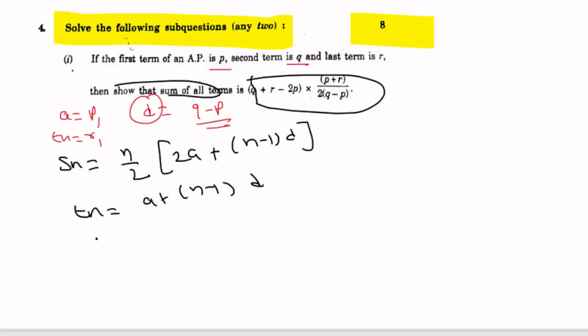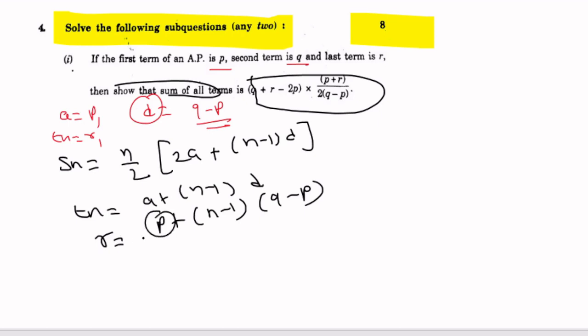So Tn is given, which is r, a is given, which is p, n is not given, and d is given, which is q minus p. Using this combination, you have to find the value of n. Simply solve it and try to remove the n part.